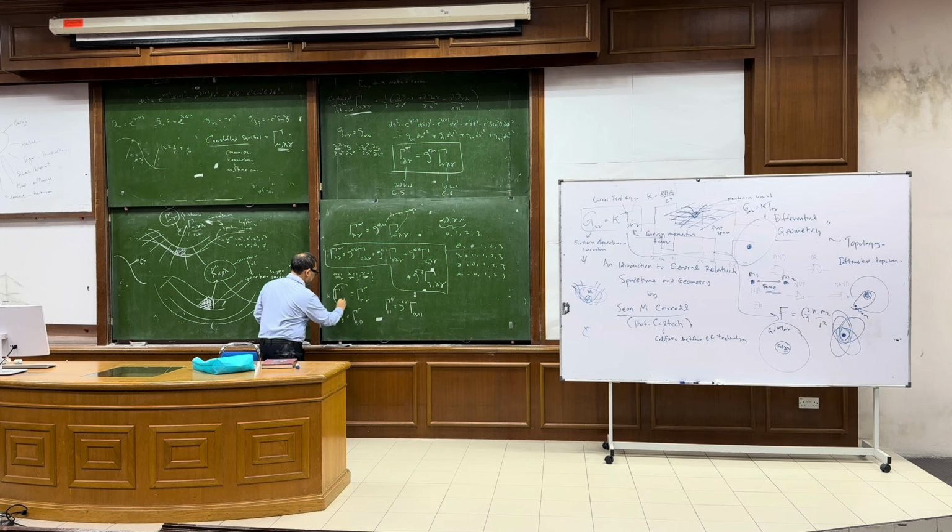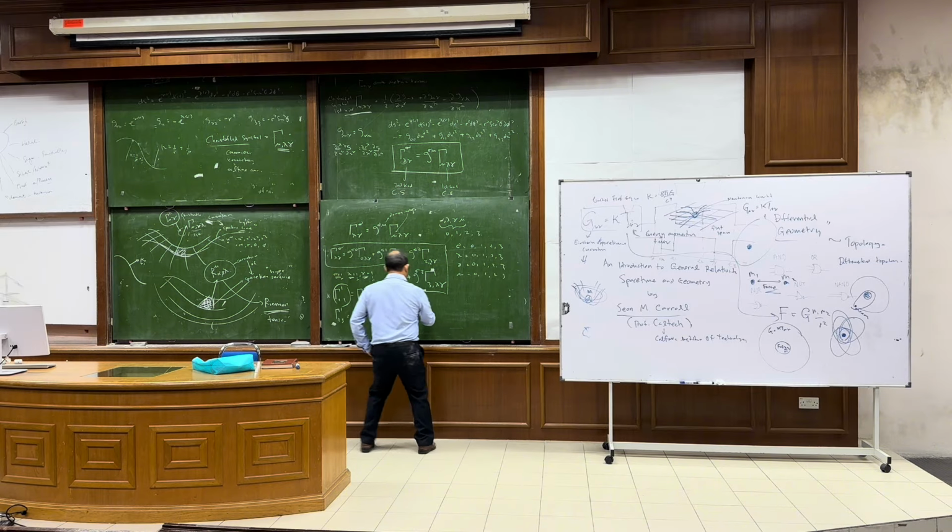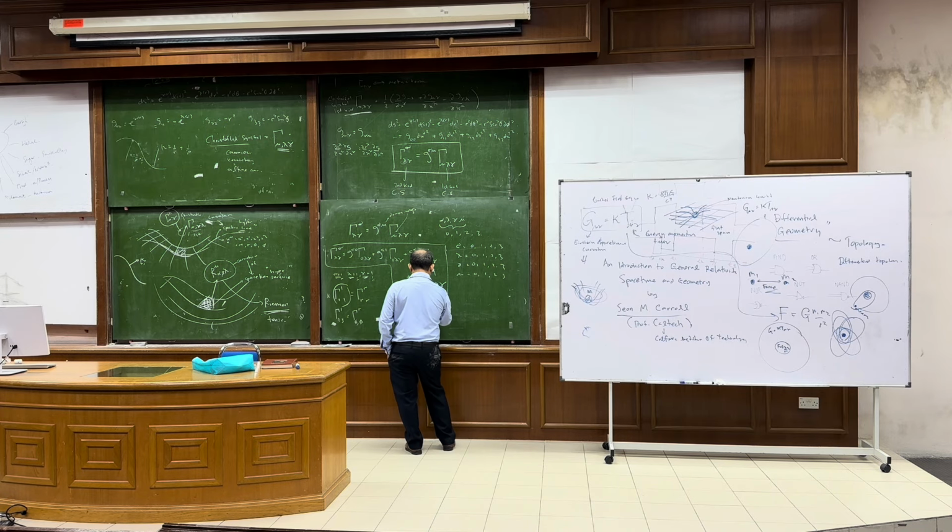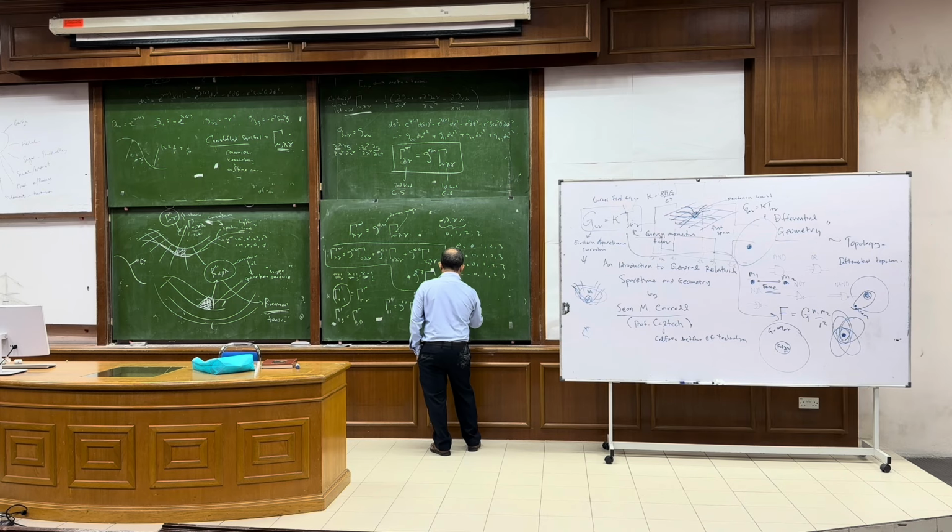So we want to calculate this one. Plus G 1, 1, 1, 1, 1, 1 plus G 1, 1, 1, 2, 2, 1, 1 plus G 1, 3, 3, 1, 1.